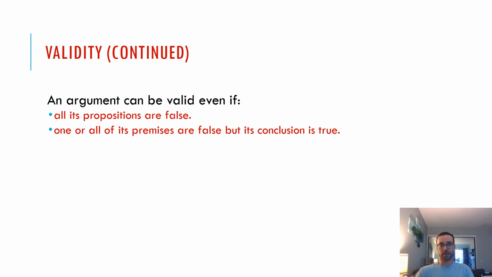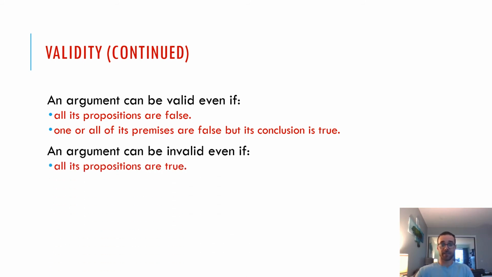So when we're looking at arguments, be aware that an argument can be valid even if all of the propositions are false, like with the first argument we looked at. Or maybe one or all of its premises are false, but its conclusion is true. It can still be valid. An argument can be invalid even if all of its propositions are true. So assuming we're telling the truth with every proposition, we can still have a bad argument.